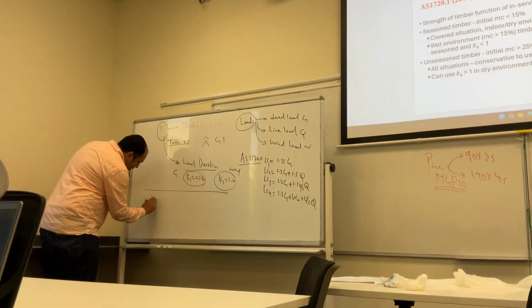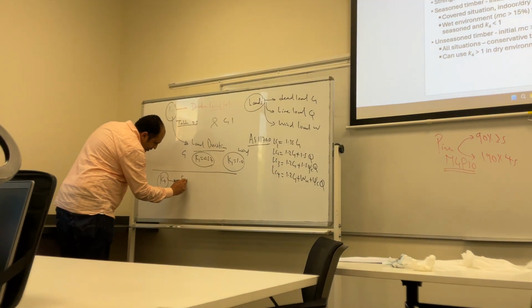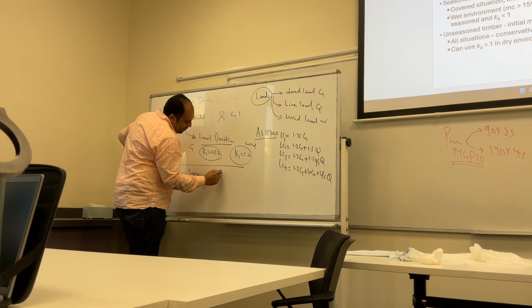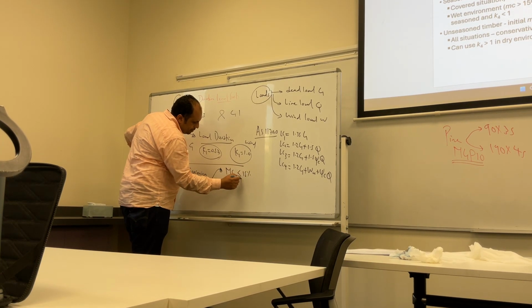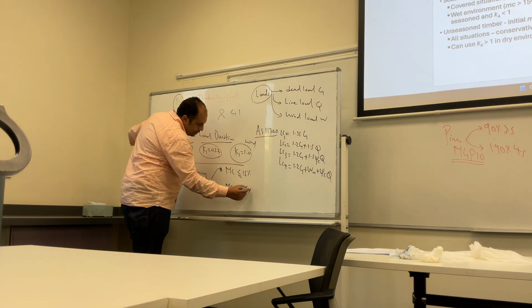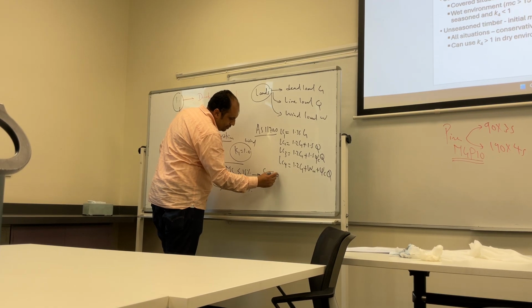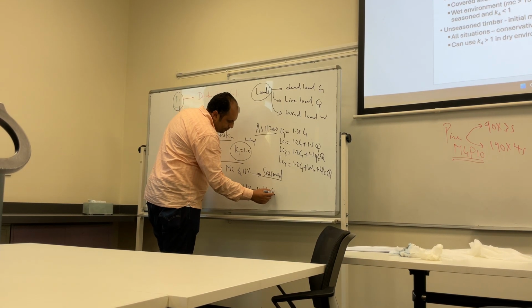K4 is a factor that accounts for seasoning. So we have moisture content less than 15% and moisture content more than 15%. Less than 15% means this timber is seasoned timber. More than 15% means unseasoned timber.